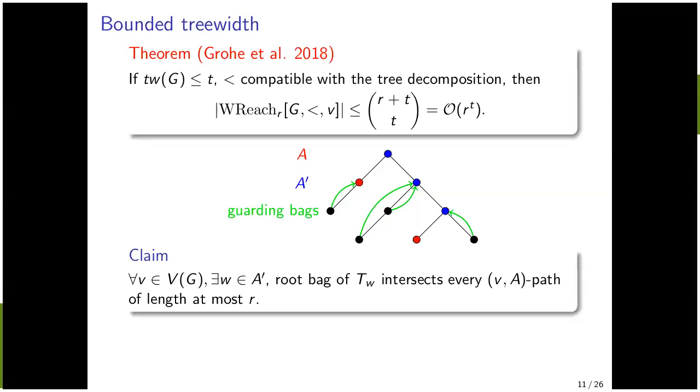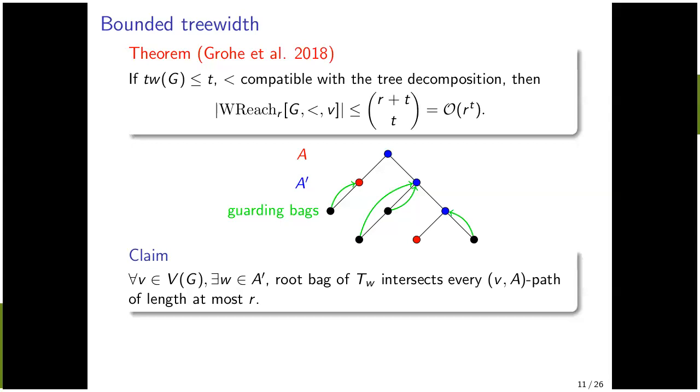To find this W, you consider your vertex V, you look at the root bag containing V, and look in the tree at the path from this bag to the root, and you take W to be the first vertex so that the root bag of W is in this path. So this is really exactly the same thing as for trees, but lifted using the tree decomposition.